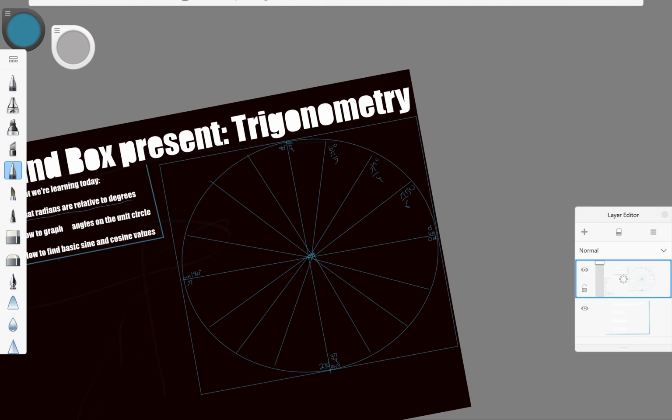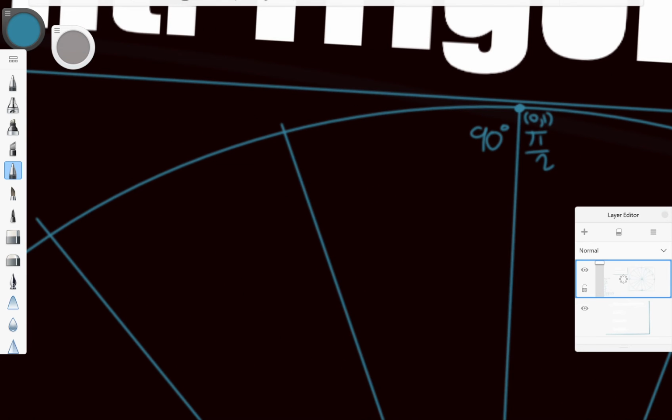It's between pi over 2 and pi, so we know it's in the second quadrant, which is the top left. And it's between pi over 2 and 3 pi over 4. Therefore, it's this one.